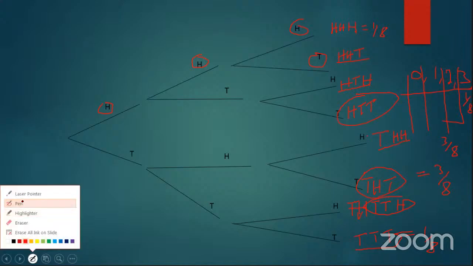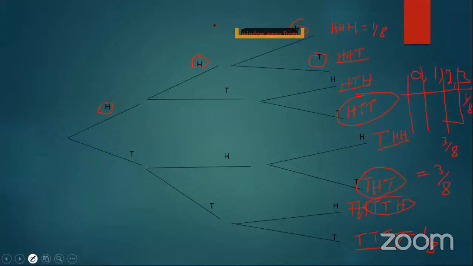Okay. So what you are not understanding, is it the table or the tree diagram? How you're getting the 3 out of 8? Okay.